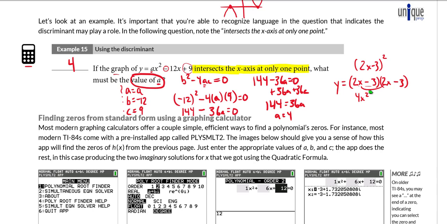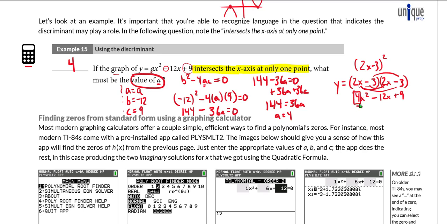Then you're going to get a minus 6x minus another 6x, right? 2x times negative 3, negative 6x. Negative 3 times 2x, another negative 6x. You will get negative 12x. And then, of course, last terms will be plus 9. So when you FOIL out 2x minus 3 squared, you do indeed get back what we have here. And in doing so, you can see that your A needs to be 4.